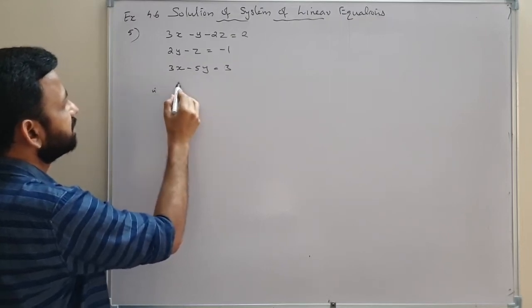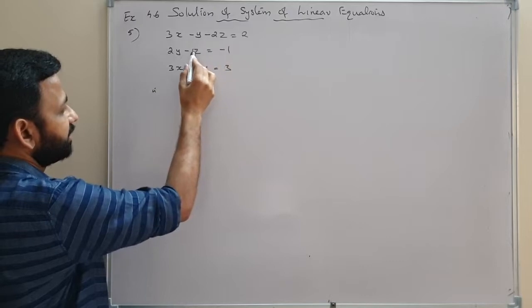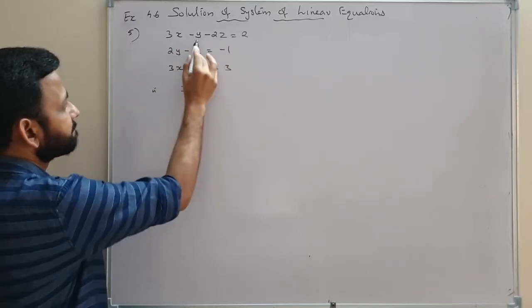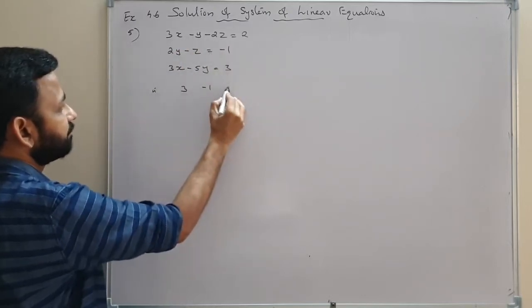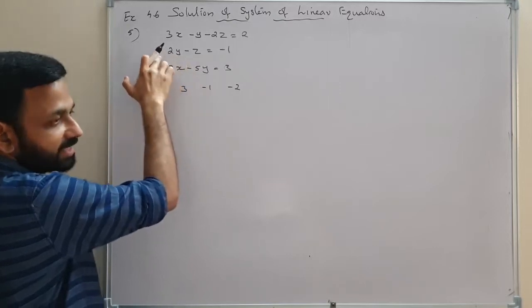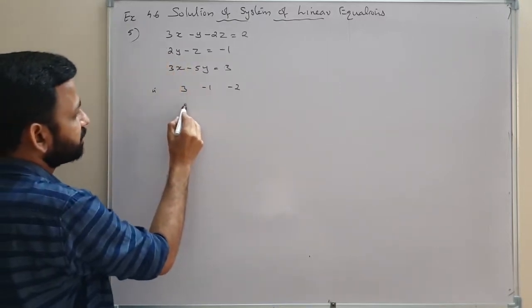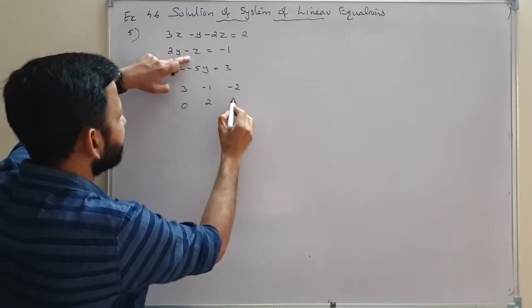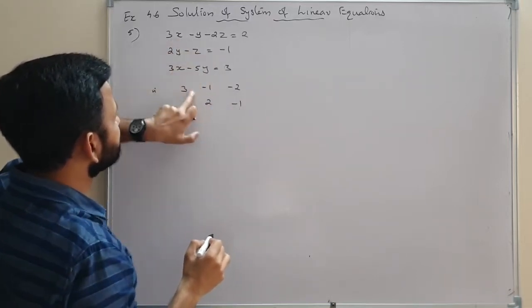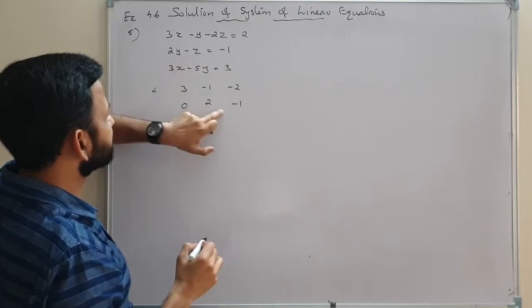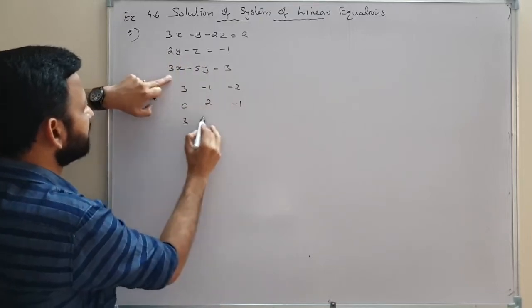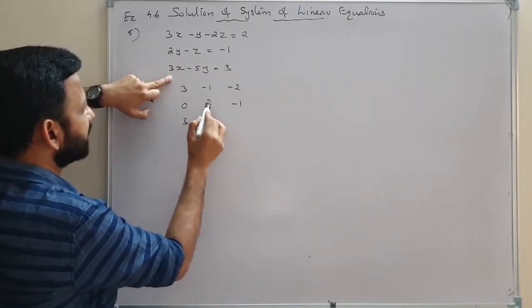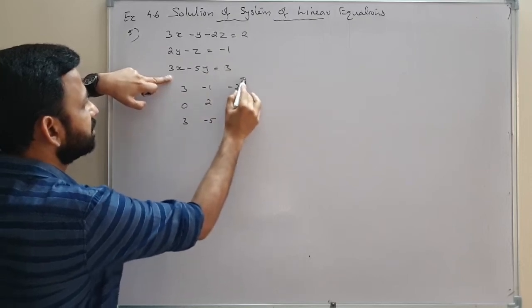that is matrix form. We can write the coefficients 3, minus 1, minus 2. Here x is not there, so coefficient of x is 0. Coefficient of y 2, coefficient of z minus 1. Then 3, minus 5, then z is not there, 0.